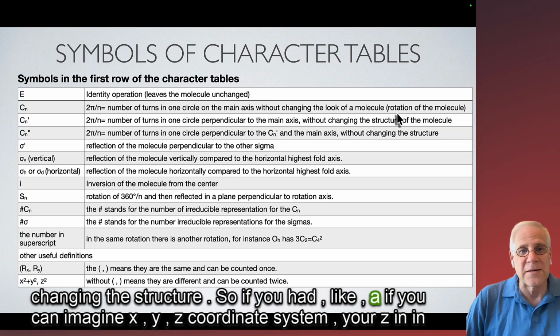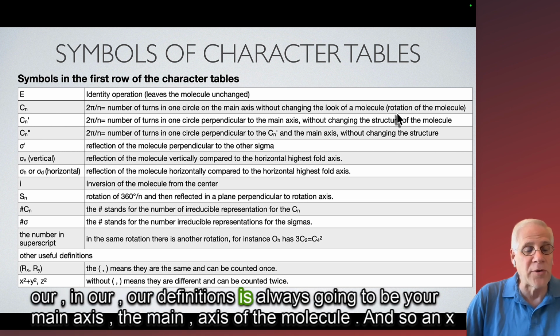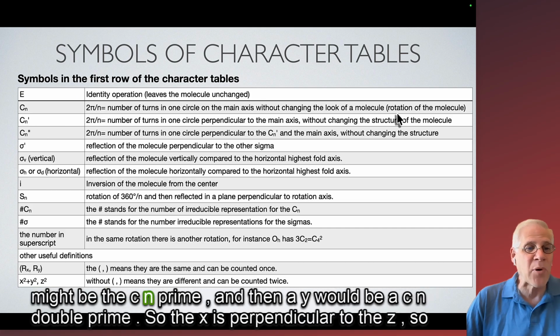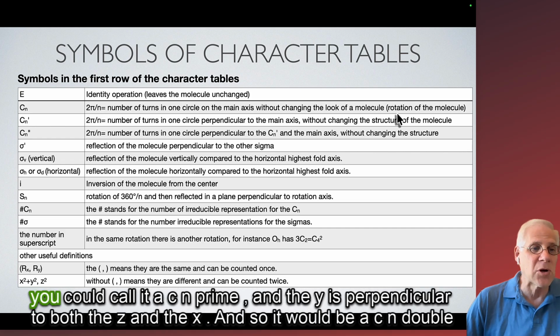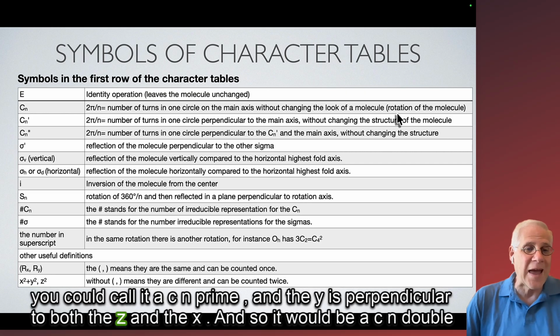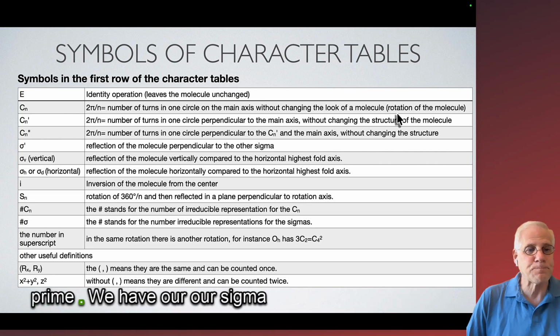So if you can imagine an XYZ coordinate system, your Z in our definitions is always going to be the main axis of the molecule. And so an X might be the Cn prime, and then a Y would be a Cn double prime. So the X is perpendicular to the Z, so you could call it a Cn prime, and the Y is perpendicular to both the Z and the X, and so it would be a Cn double prime.